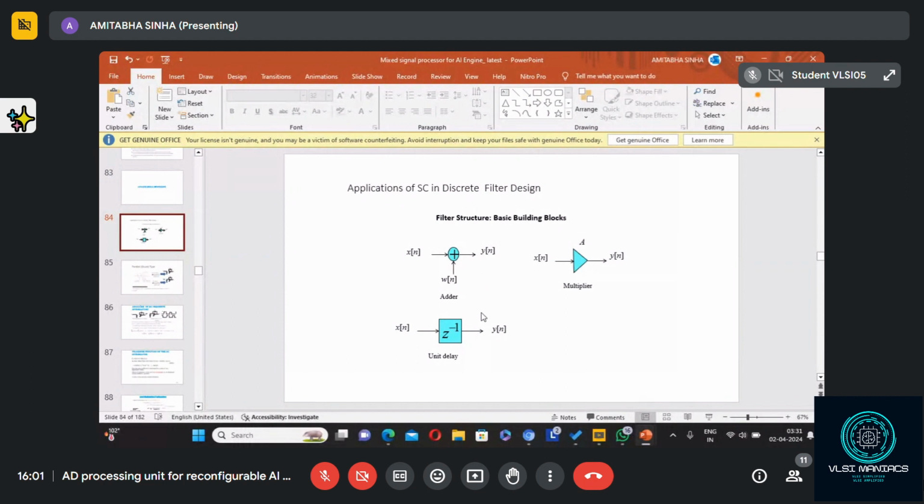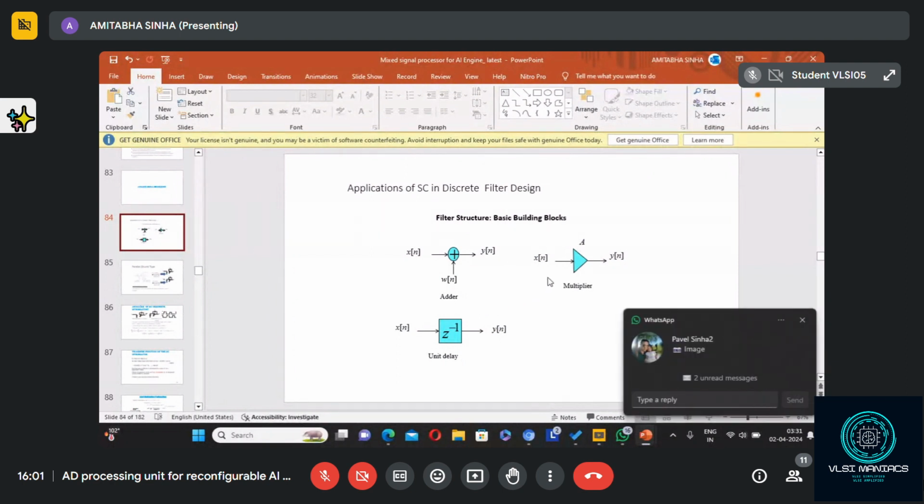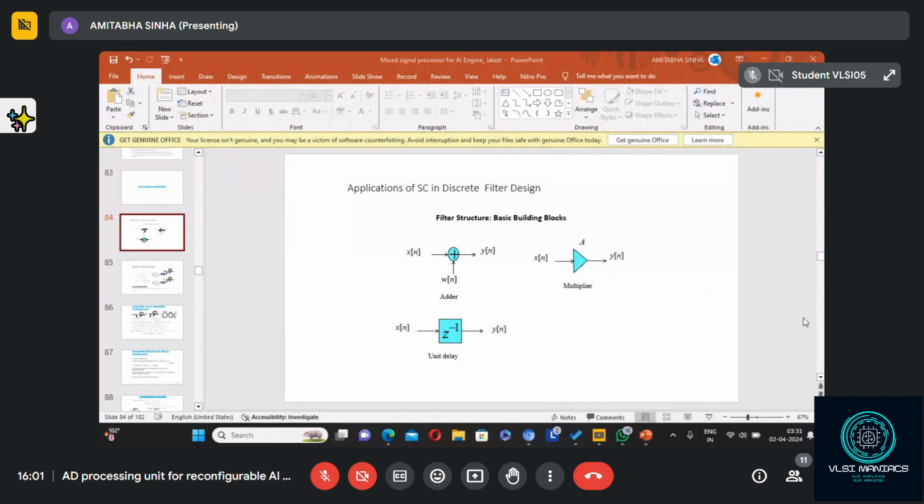Delay will be denoted as z to the power minus 1. And this is a multiplier, but this multiplier is a multiplication by a constant. So it's basically an amplifier. If A is the gain, x[n] is the input and y[n] is the output, then y[n] will be A times x[n]. So that is the basic concept.